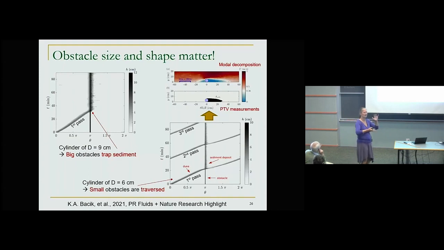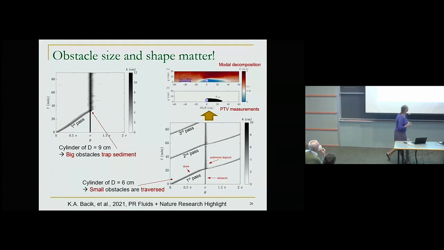About, I think, 6 or 7 were always passing, and the other ones were trapping, and we got it perfectly predicted without the sediment. So here's a dune approaching a rather large object, and it just stops. And here it just keeps on going. This is the first pass, this is the second pass. So this object was small enough for the dune to pass along.